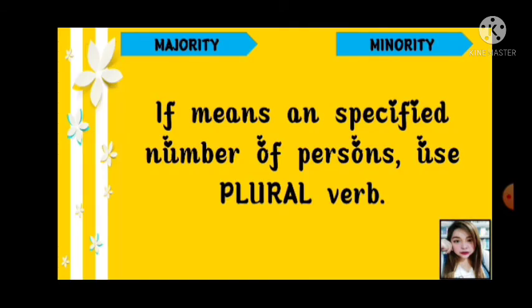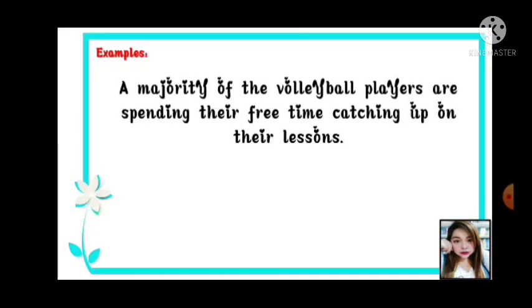If the word majority or minority means a specified number of persons, you should use a plural verb. For example, a majority of the volleyball players are spending their free time catching up on their lessons. So we have here the plural form of the verb are because the word majority is specifying a certain number of volleyball players.